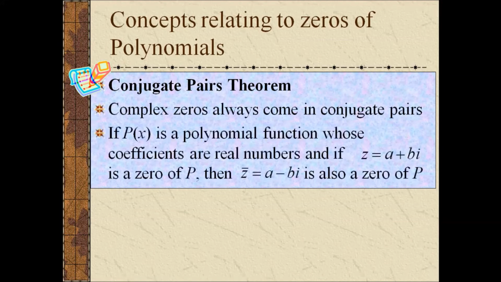That is, if you've got a polynomial p of x, a function whose coefficients are all real numbers, and if a plus bi is a zero of that polynomial, then a minus bi is also a zero of that polynomial. So for instance, if 3 plus 7i is one of my solutions, I can always be guaranteed that 3 minus 7i would be another zero of that polynomial, another solution of the equation p of x equals 0.